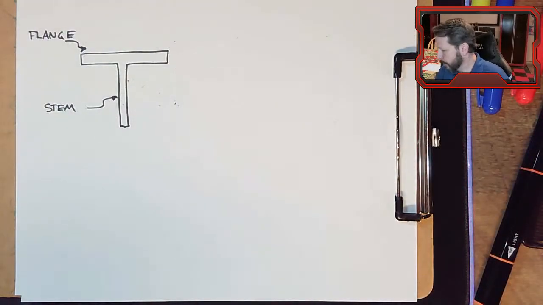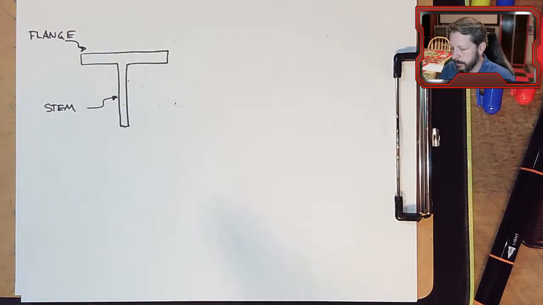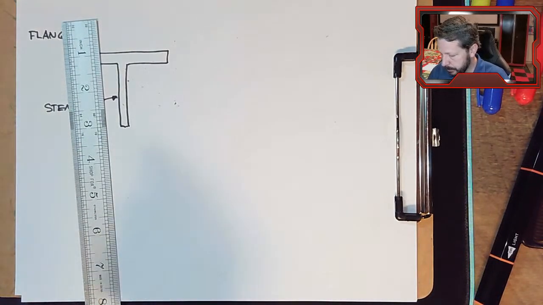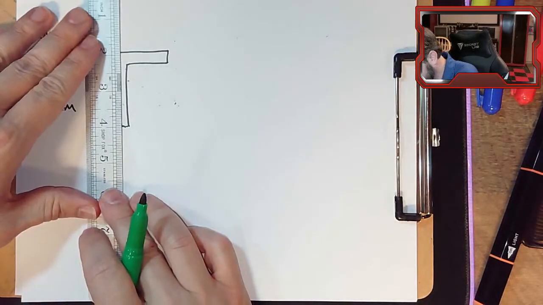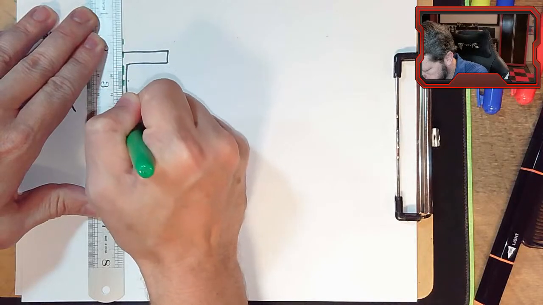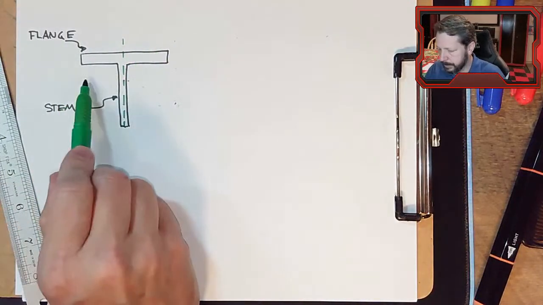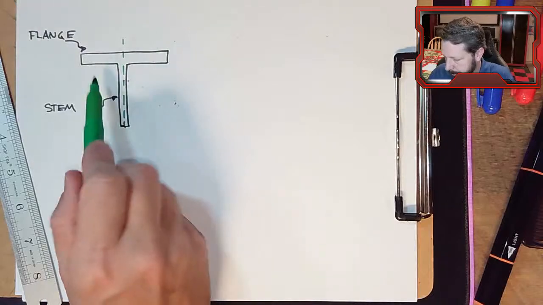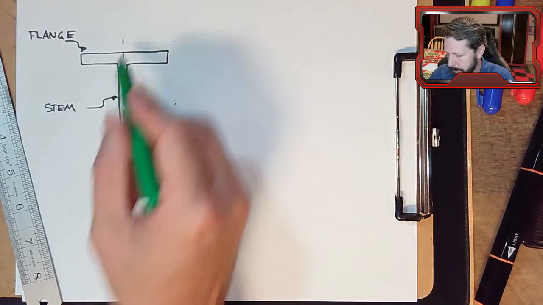So anytime you have an axis of symmetry, which we do here, that is a good place to put your reference system. We have an axis of symmetry right through here. Had I drawn it really neatly, the left side and the right side would be symmetric about this axis.